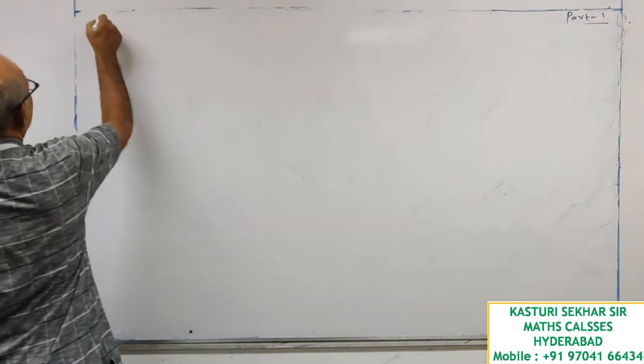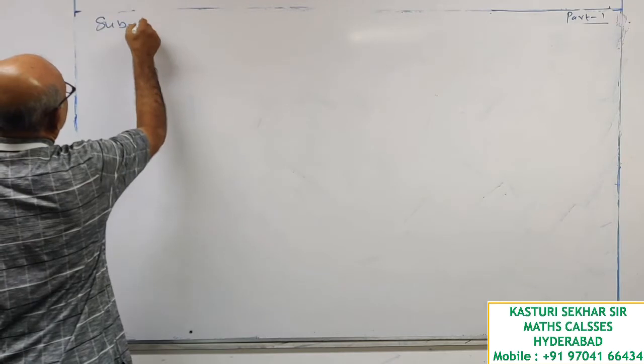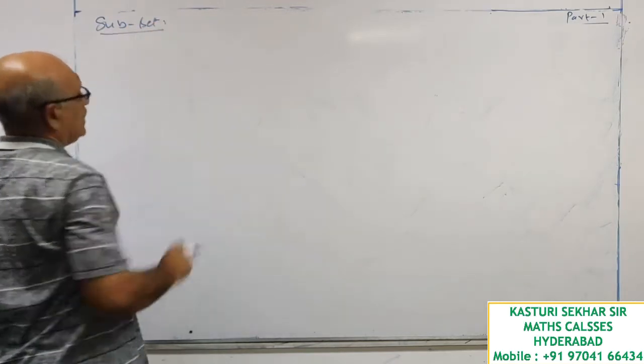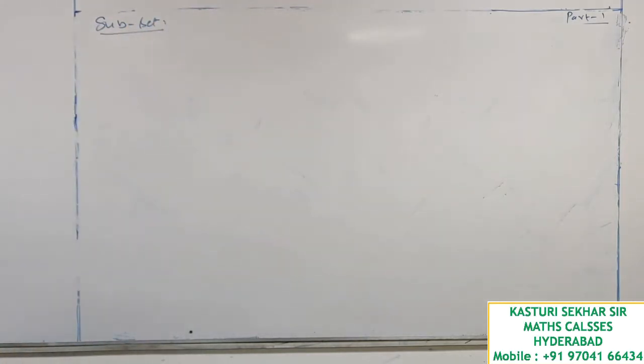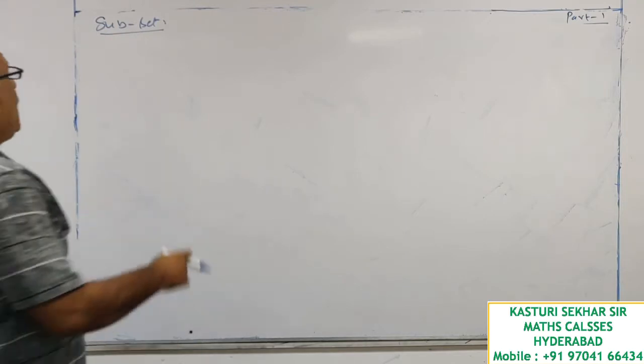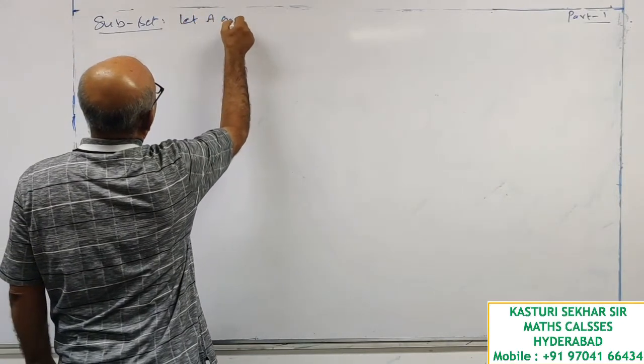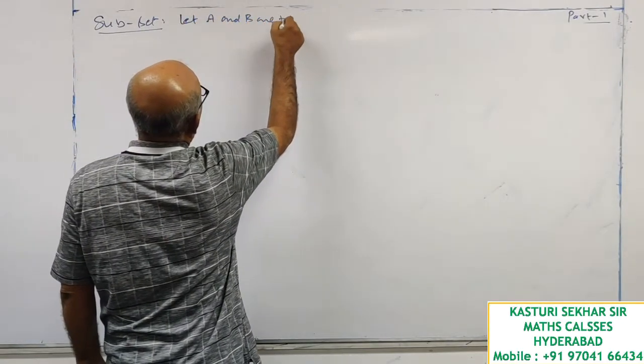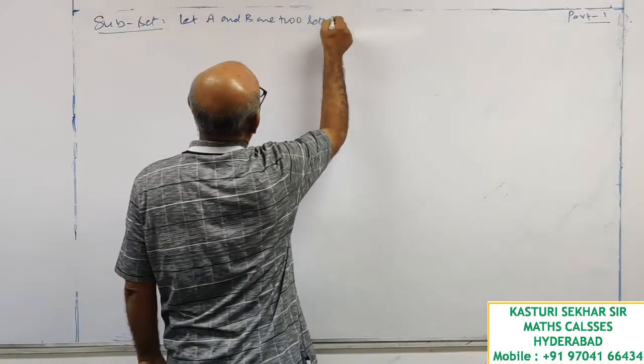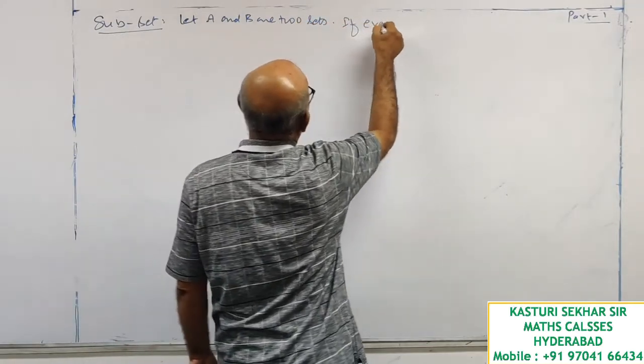Next, subset. Now look at this. Let A and B be two sets.